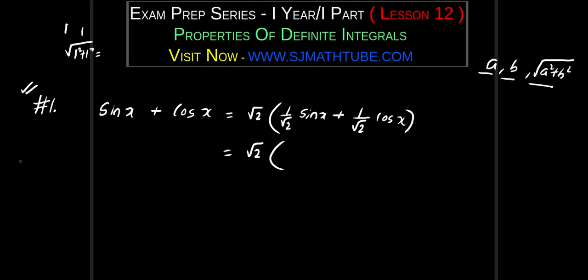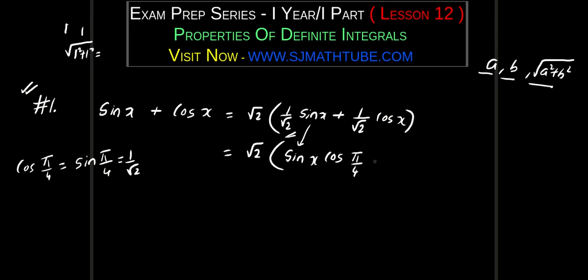Cos 45 degree as well as sine 45 degree is 1 by root 2. Okay, so I'm going to manipulate this a little bit. I'm going to write this as sine x, I'm writing the same thing, and instead of 1 by root 2, I'll write cos 45 degree plus cos x into sine 45 degree. 45 degree means pi by 4.